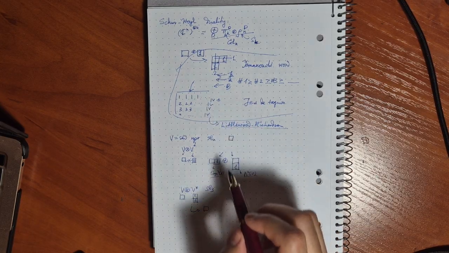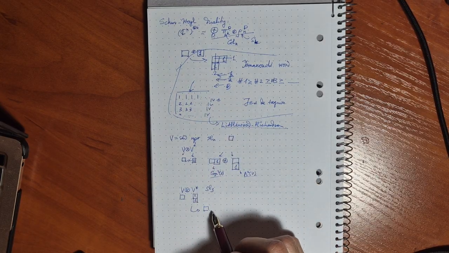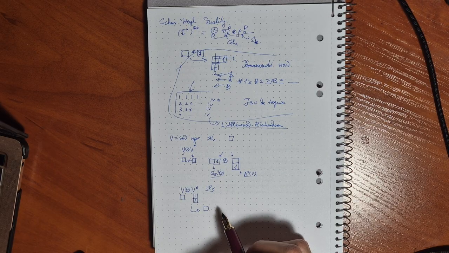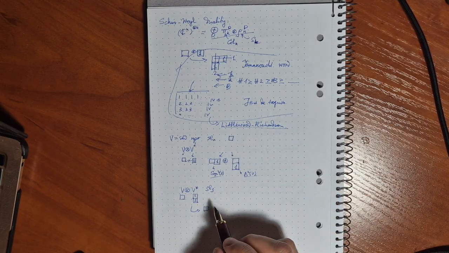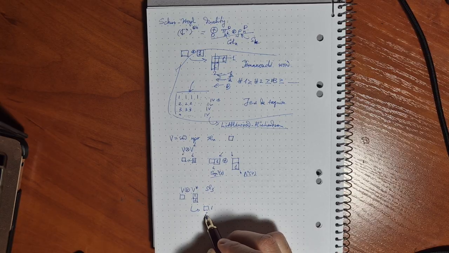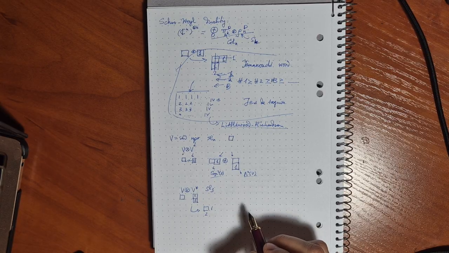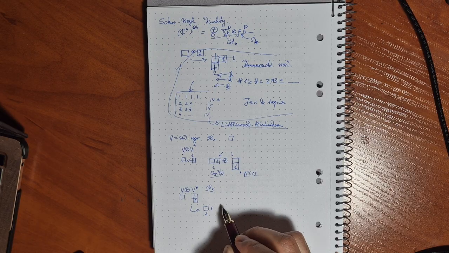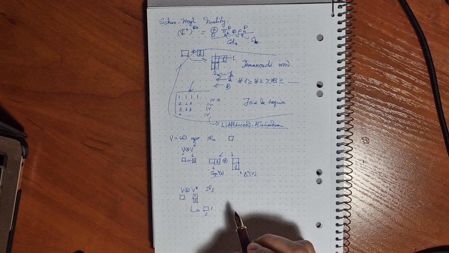We cannot put 2 here because it will violate the Yamanouchi word condition. Then we need to put 1 here, 2 here, and we cannot put 2 here because we will again violate the Yamanouchi word condition.